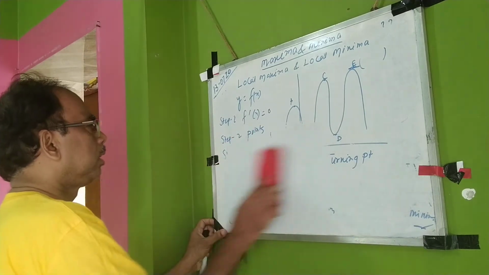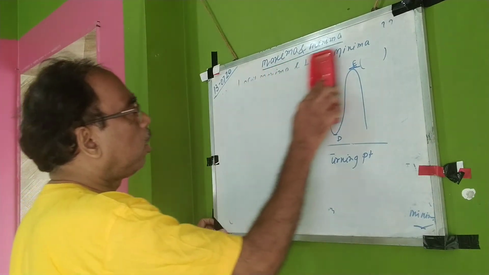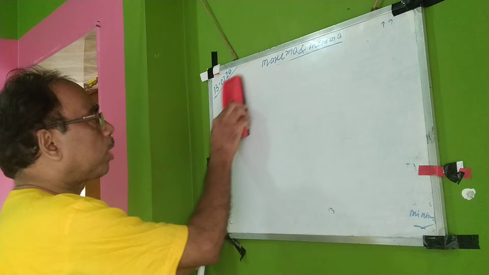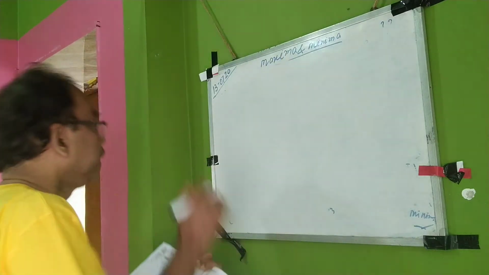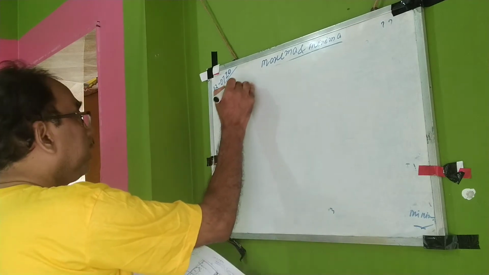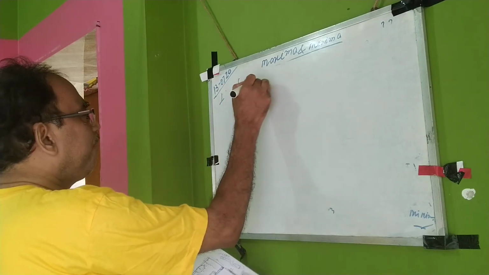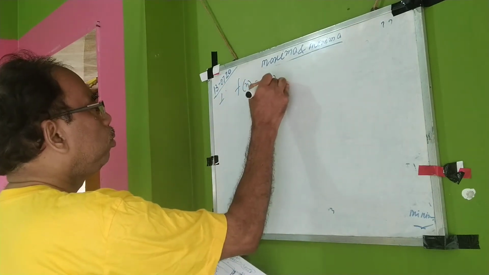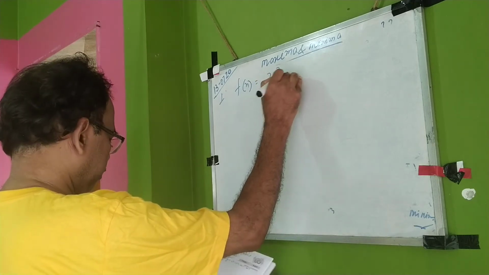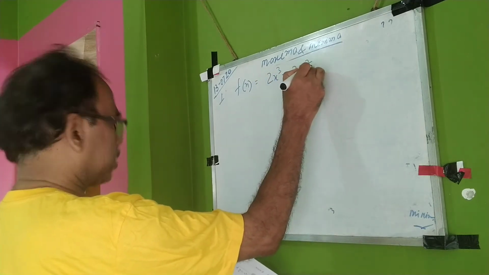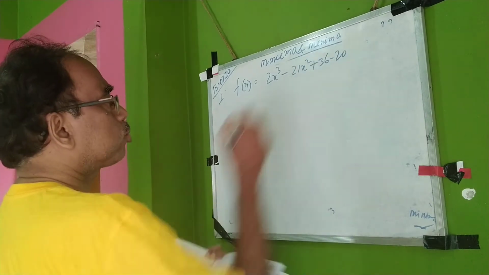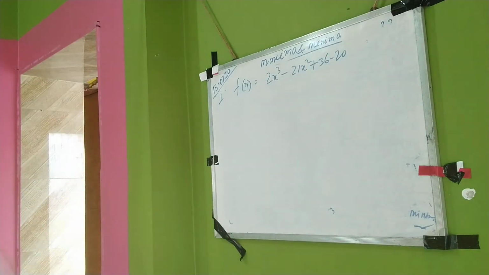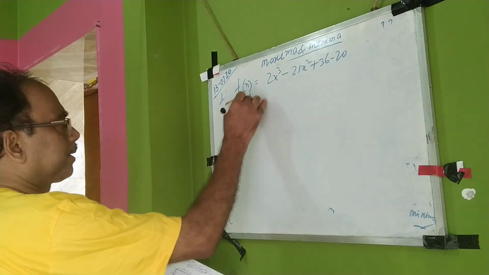Let us do a sum to find local maxima and local minima. Sum number 1. Question number 1. Here, f(x) equals 2x cube minus 21x square plus 36x minus 20. First step, we have to find f dash x.